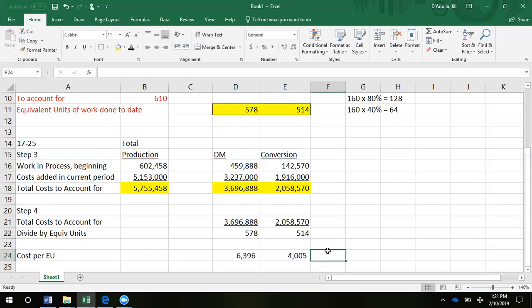So each finished unit, equivalent to a finished unit, each finished unit costs $6,396 with respect to material and $4,005 with respect to conversion costs. So that takes us through step 3 and step 4. We've got one more step to do.